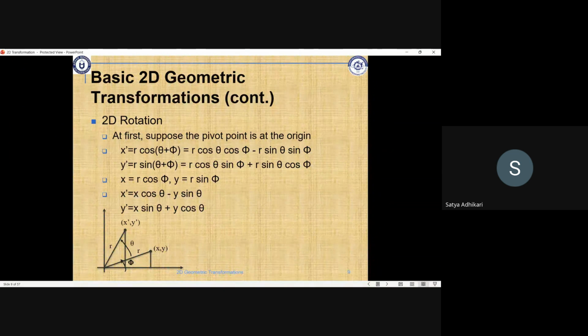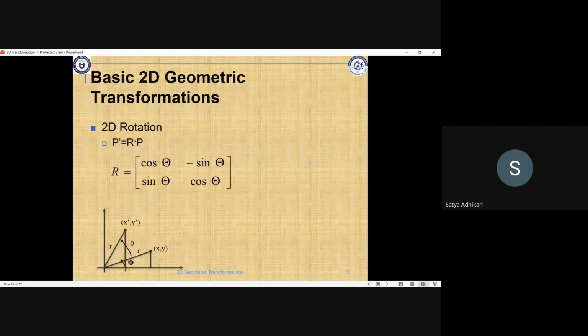We have to convert that xy in the form of r cos theta and r sin theta plus alpha, and that is your rotation matrix. That is P dash equal to R dot P. Please recall the translation.